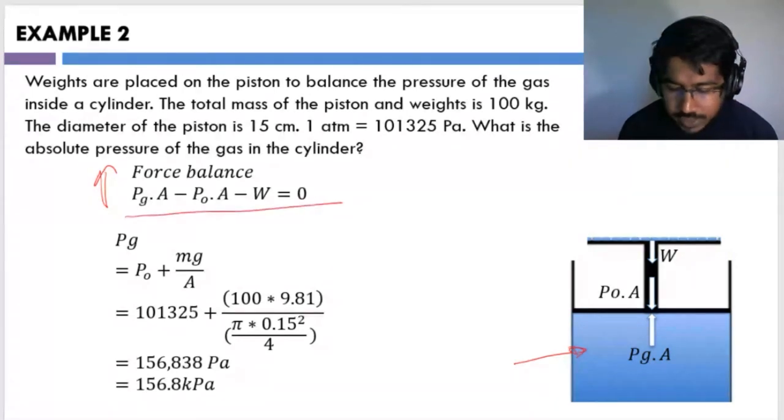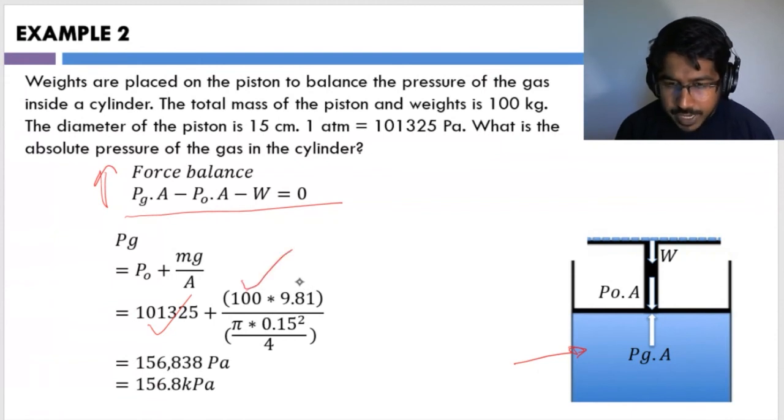So we can write the force balance equation like this, and then Pg is equal to P naught plus mg over the area of the piston cylinder, right? So atmospheric pressure is given in the question, and m is given.